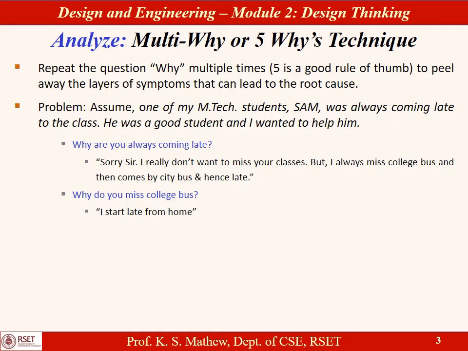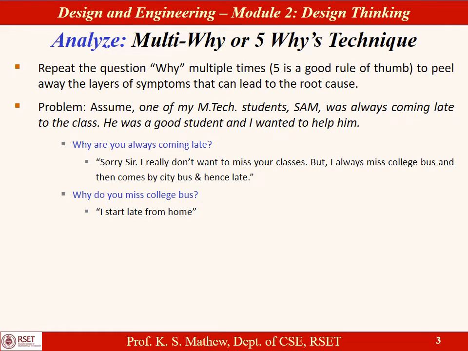Suppose I don't continue by asking further questions. Immediately after getting the answer to the first question, I may conclude that the reason is that he is missing the college bus and coming by private bus. That's why he's coming late. So immediately one solution will come to my mind, right? I'm aware of his family background. His father is in the Gulf, working in Dubai in a good position, and they also have a shop in Ernakulam city.